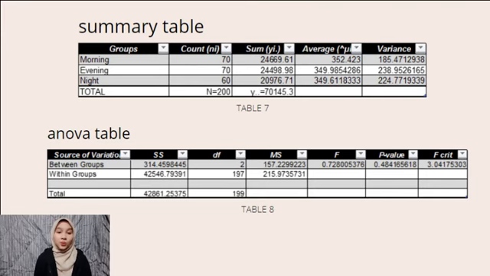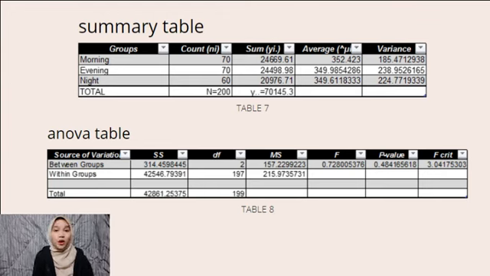We have observed in the third column the degrees of freedom, denoted by df, where capital N minus 1 is equal to 199. The treatment degrees of freedom K minus 1 is equal to 2, and the error degrees of freedom are also provided, which is equal to 197. The fourth column provides the value of mean square, denoted by MS, where the MSE value is used to estimate another population parameter, which is the error variance sigma squared.